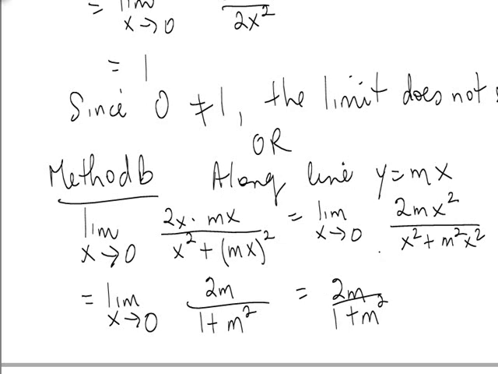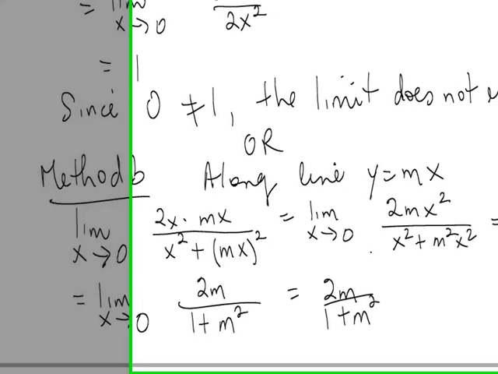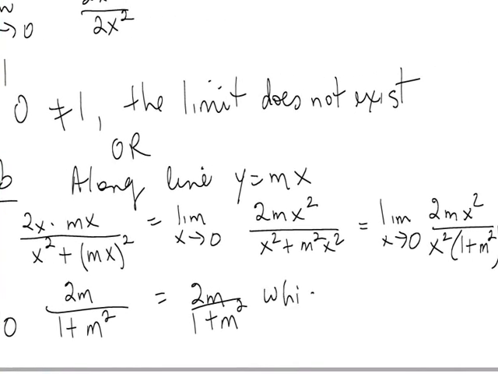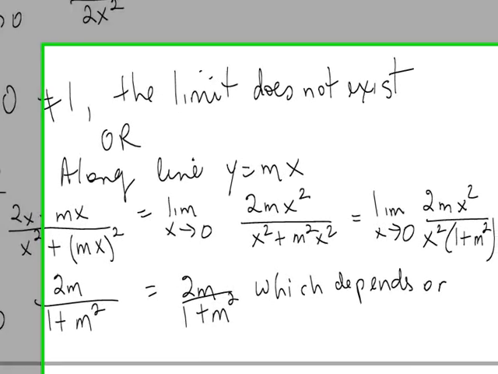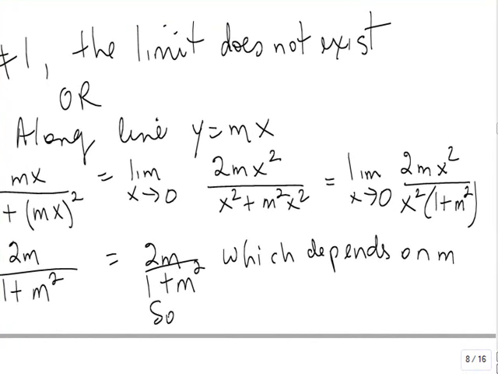So already the limit is not unique. It depends on m, so the limit doesn't exist. My point is that you can just take that route. Just go along the line y equals mx, and that would be enough.